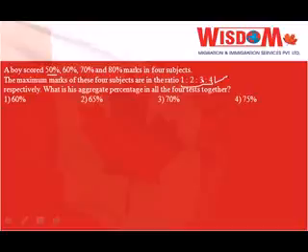So 4 plus 3 plus 2 plus 1 is 10, and out of every 10 parts, 1 part goes to the maximum marks in the first subject, 2 parts go to the maximum marks of the second subject, 3 parts go to the maximum marks of the third subject, and 4 parts go to the maximum marks of the fourth subject. So how much did he score in the first? Was 50%.